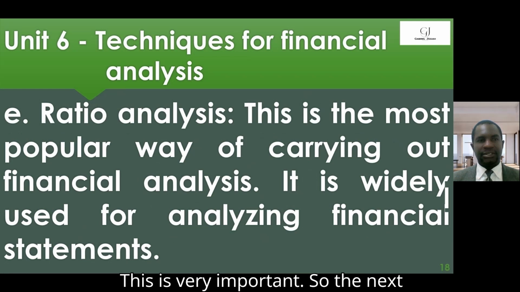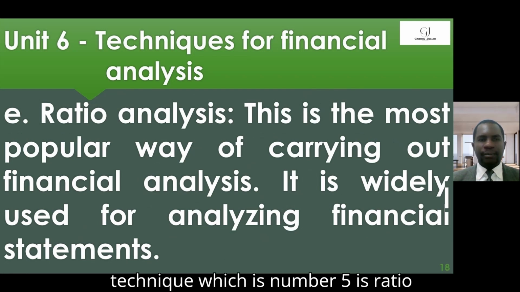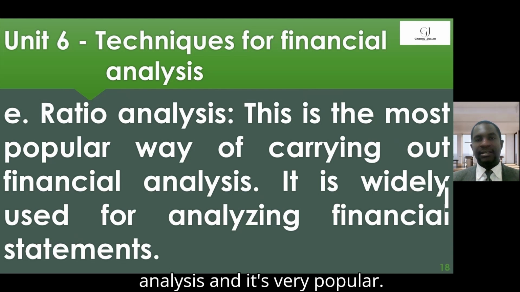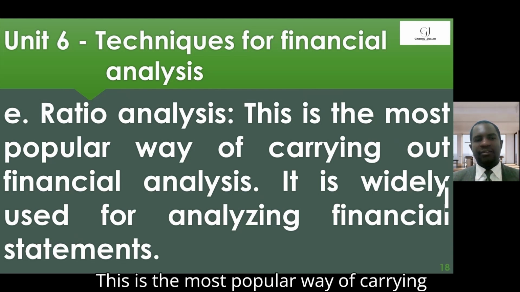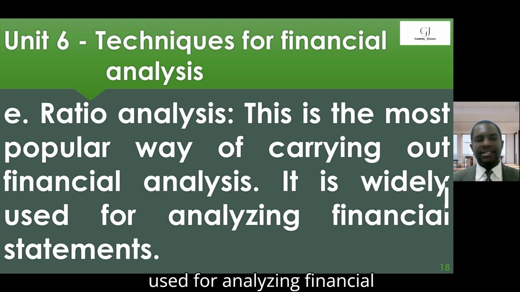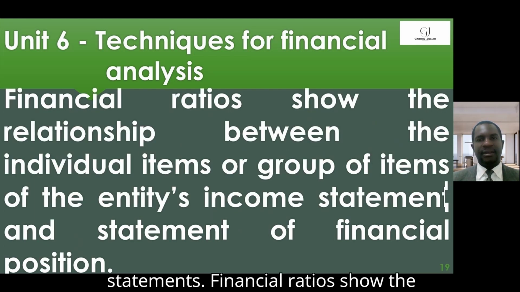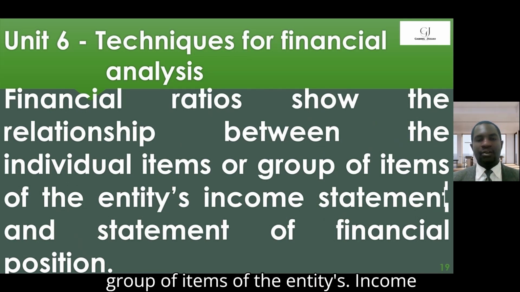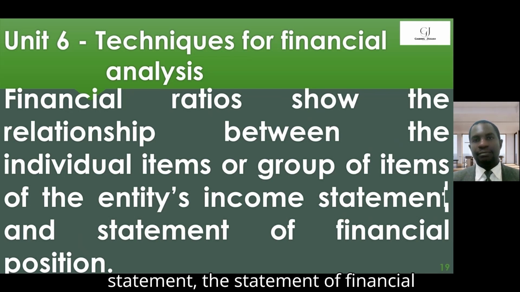This is very important. So the next technique, which is number 5, is ratio analysis, and this is common in general analysis, and it's very popular. This is the most popular way of carrying out financial analysis, and is widely used for analyzing financial statements. Financial ratios show the relationship between individual items or groups of items of the entity's income statement or the statement of financial position.